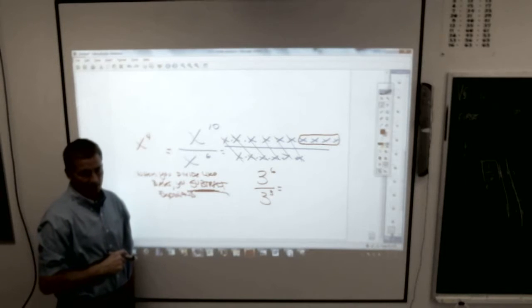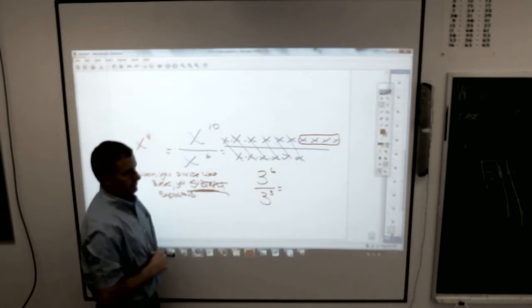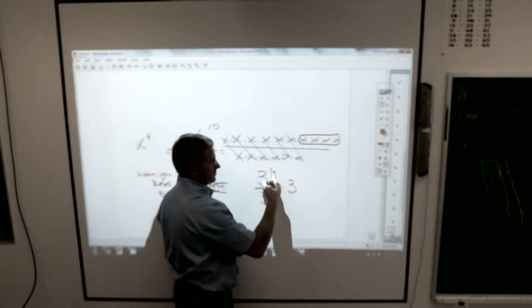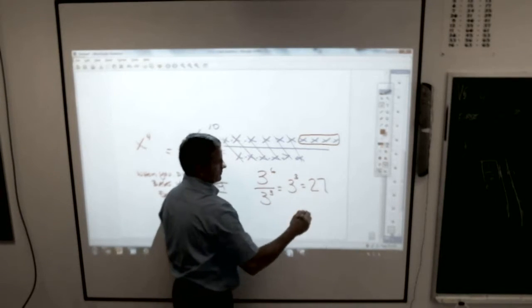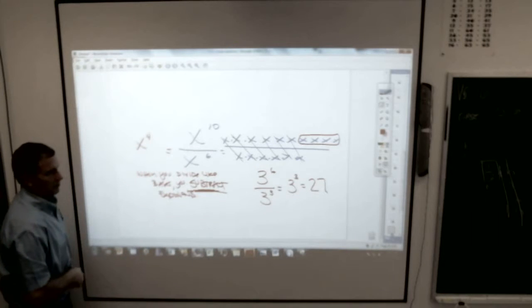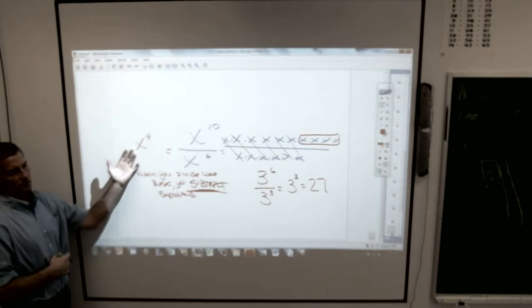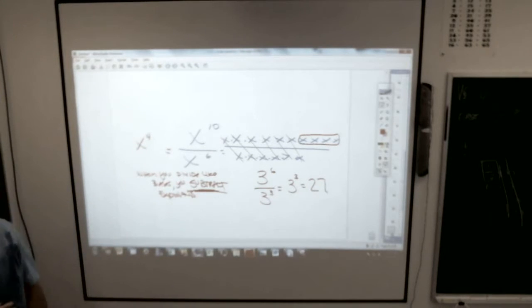That would be 3 to the 3rd power, exactly, 6 minus 3 is 3. They might ask you to do it out, which is 27, don't say it's 9, but if they ask you to do it all the way out, you can do that. You can't change x to the 4th, that would be it.